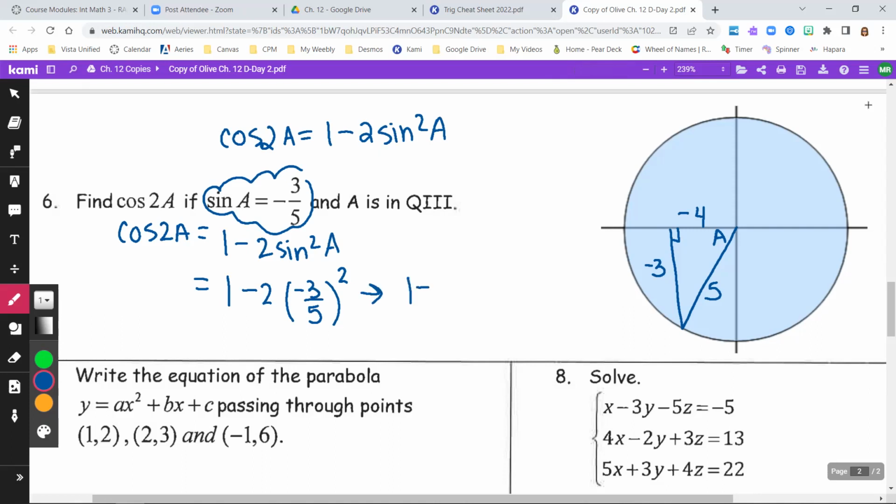That's going to give me 1 minus 2 times 9/25, and then 1 minus 18/25. When I take 1 minus 18/25, that ends up giving me 17/25, and that is our answer.